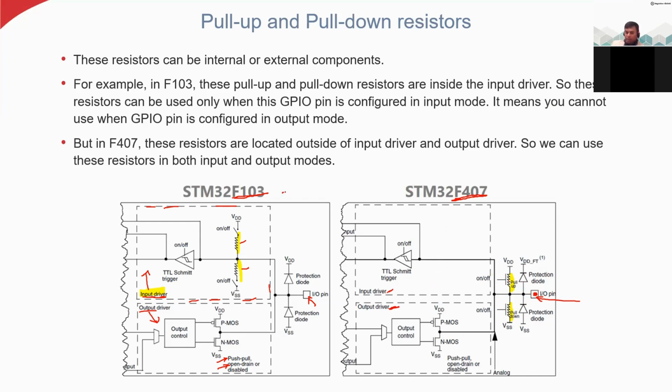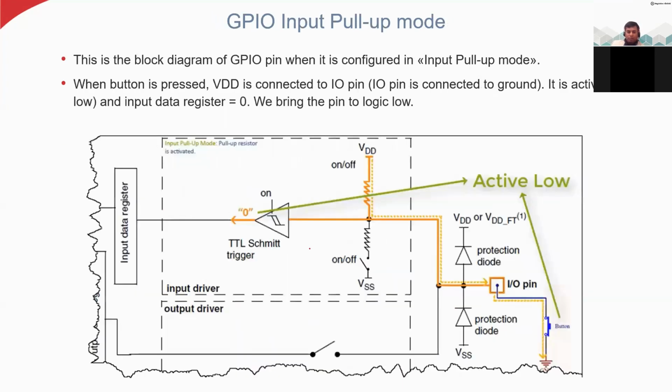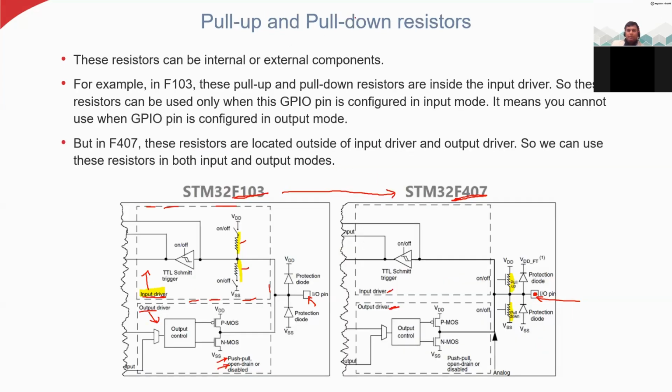This is an advanced version of the microcontroller, where the pull up and pull down resistors are outside of these drivers. So whatever mode you configure on this pin, you can utilize the function of these resistors. That's all about the pull up and pull down resistors.